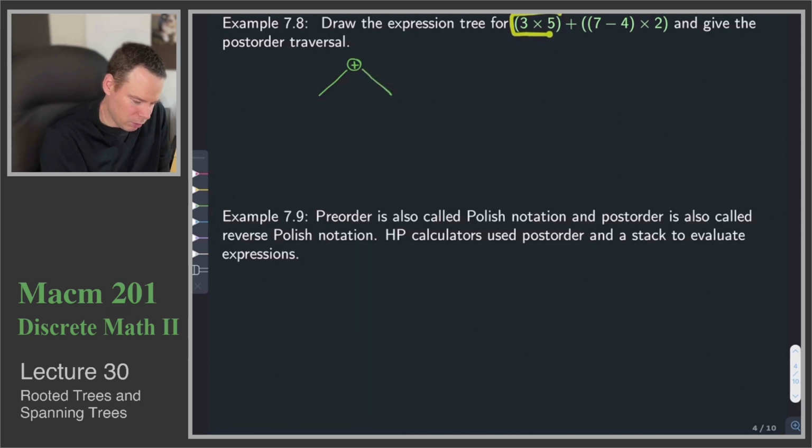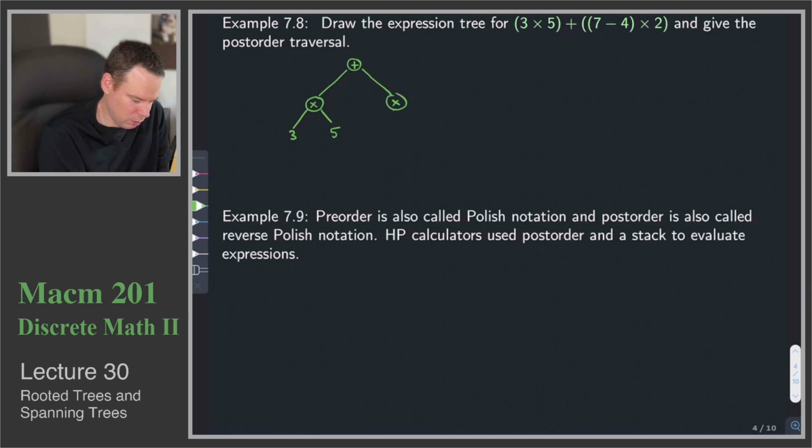The first smaller expression is 3 times 5. So that expression, there's a multiplication, and it's being done on 3 and 5. The other half of the addition expression involves this one here. And this is a multiplication of two objects.